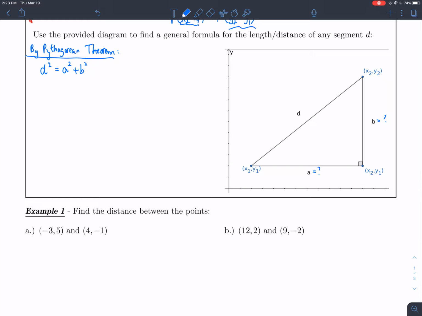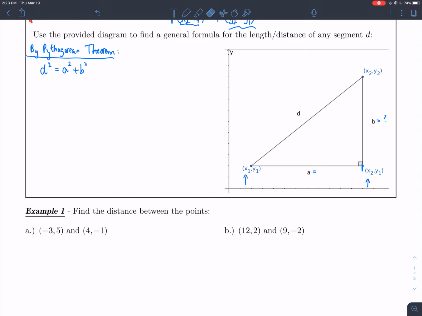So you can see here, since the y coordinate remains the same from x1 to x2, okay, this segment right here, which is A, since the y coordinate remains the same, it's a perfectly horizontal segment. Okay, so something you learned in geometry a long time ago was that the definition then of length is just the bigger coordinate, which in this case would be x2, minus the smaller coordinate, which would be x1.